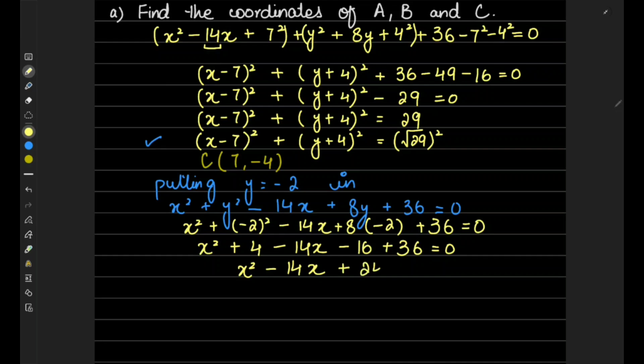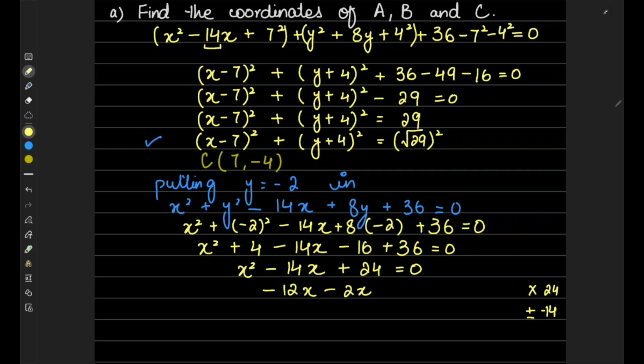Again, we need to break the middle term. Upon multiplication we should get 24, and upon adding we should get 14. So 12x and 2x: adding 12 and 2 gives you 14, and upon multiplication it gives you positive 24.